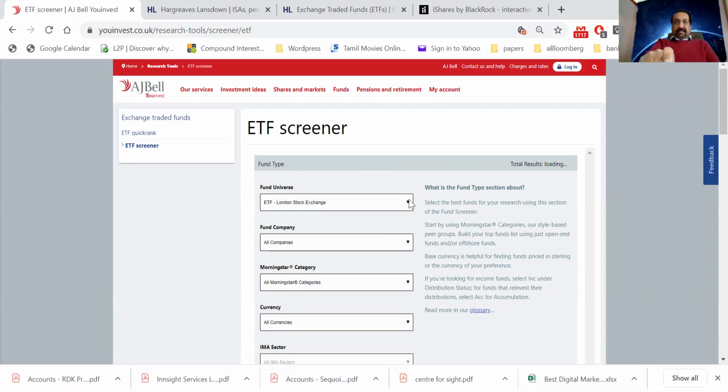An ETF can be traded on the London Stock Exchange and can be traded on all other stock exchanges. So you could choose all or London Stock Exchange, it doesn't matter. I'll just leave it like that. Now, there are so many companies that sell ETFs.